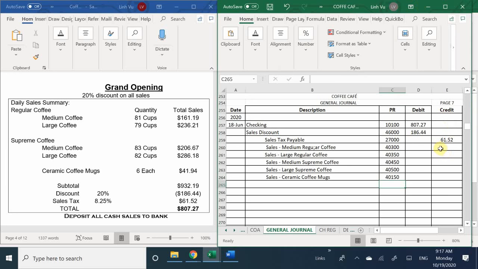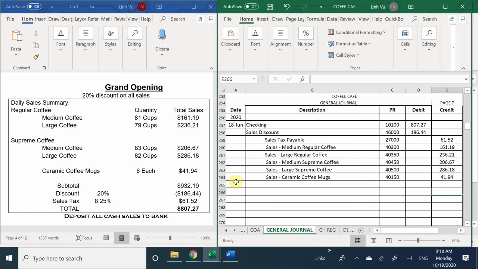So what are my credit amounts going to be? Medium is 161.19. Okay, 236.21. Okay, 206.67. Okay, 286.18. Okay, 41.94. And this one is 190. Okay.